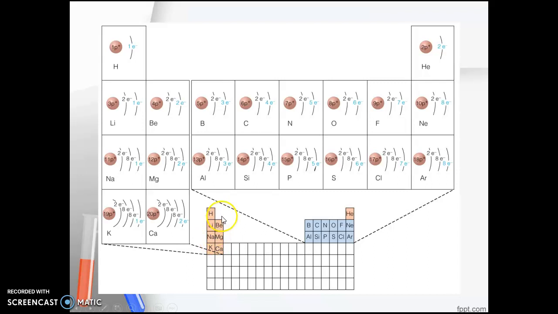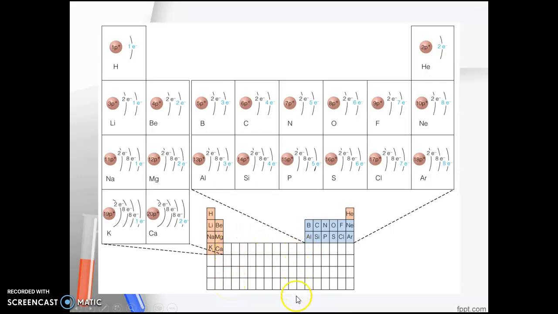The periodic table is formed out of columns, and we call these columns groups. And we have rows, and we call these rows periods. There is also one important note here: after the element calcium, you will find a block that carries the transition metal symbols.